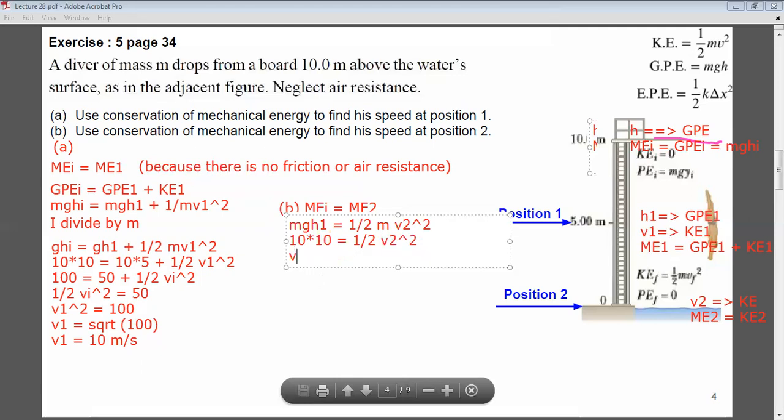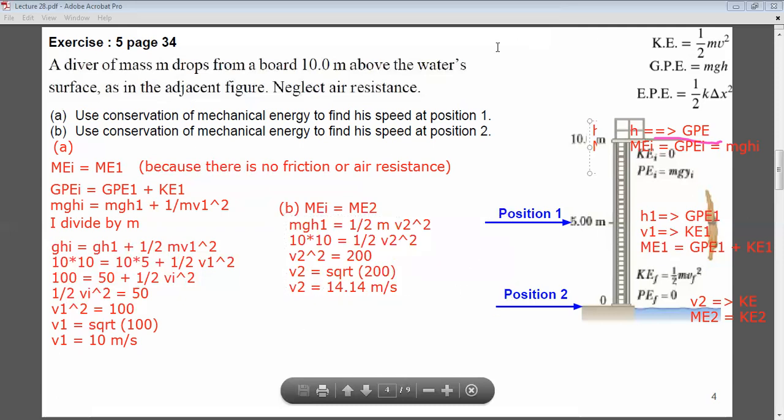So I get V2 square is equal to 2 times 100. So this is equal to 200. V2 is equal to square root of 200. V2 is equal to 14.14 meter per second.